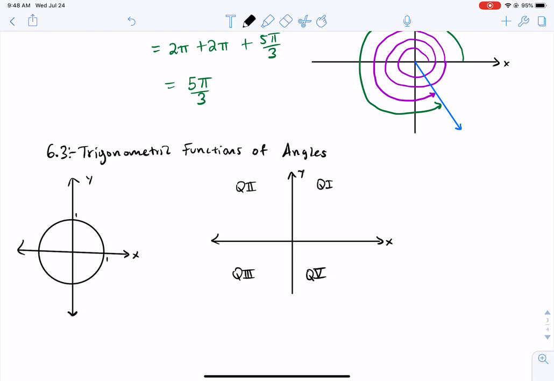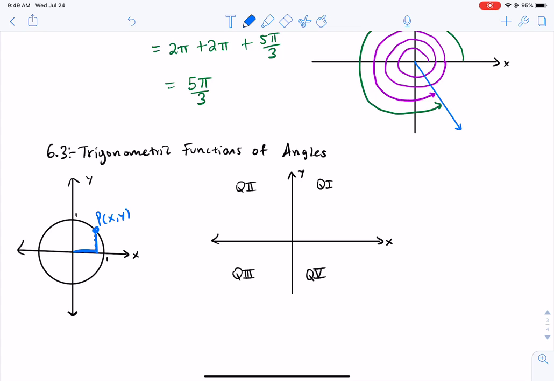Remember that for a point on the unit circle, say a point P of coordinates x, y, the x component is representing the cosine value, and the y component is representing the sine. So in the first quadrant, will sine be positive? Yes, because sine is representing the y component, and in the first quadrant any point has a positive y value and a positive x value.